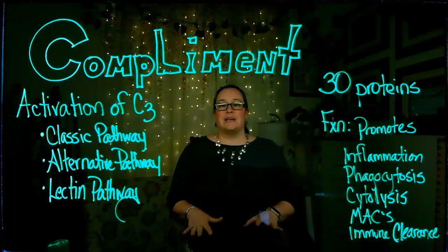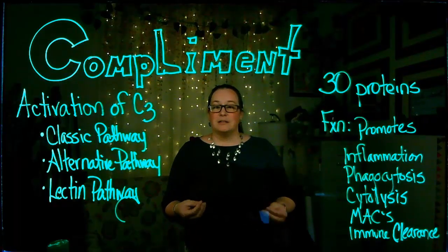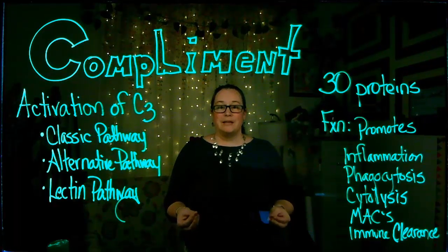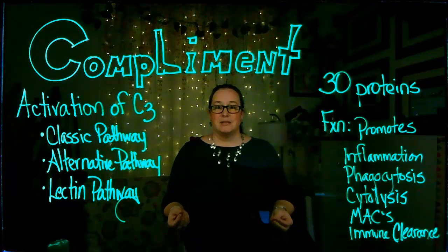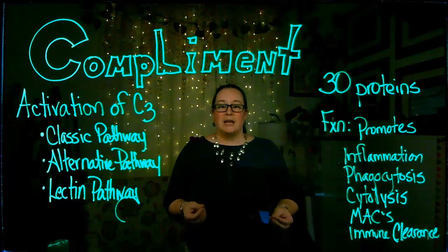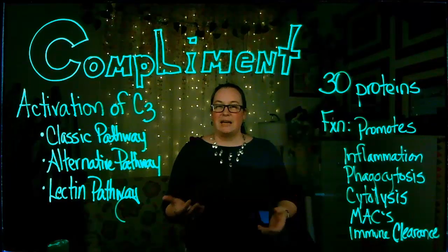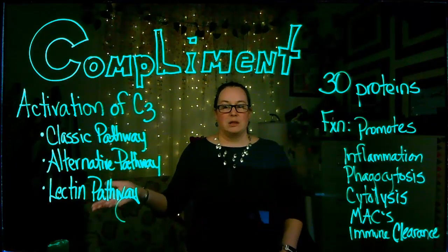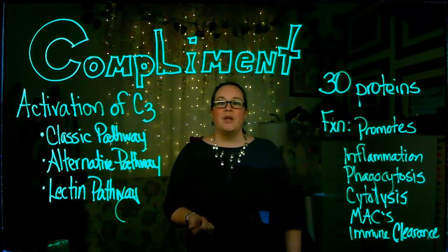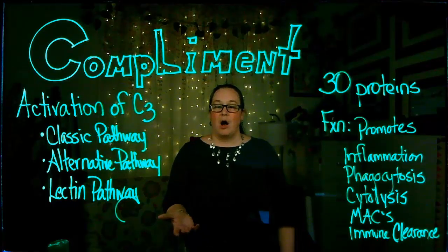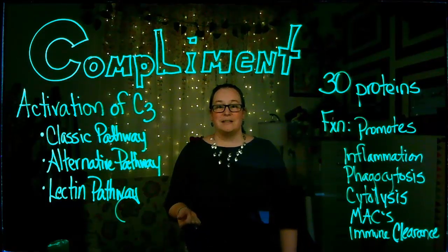Lastly, it was later discovered that peptidoglycan, as a component of the cell wall located in many microorganisms that are bacterial in nature, can also promote a lectin-based pathway. And so lectin is the third mechanism that has been discovered to kick off this complement cascade activating C3.